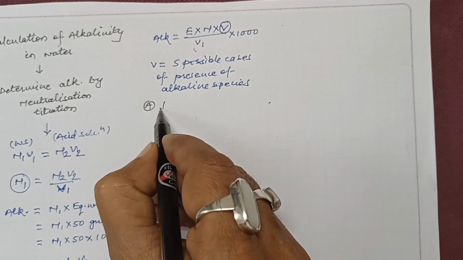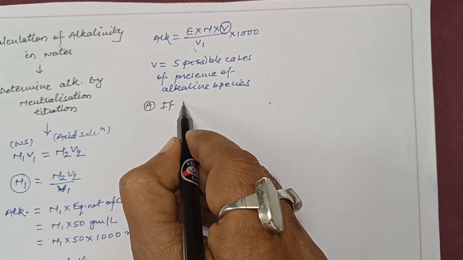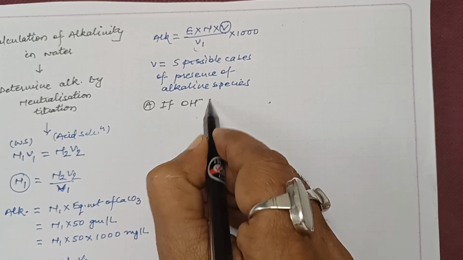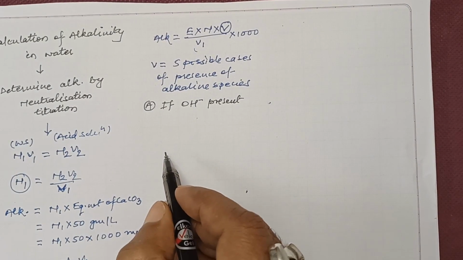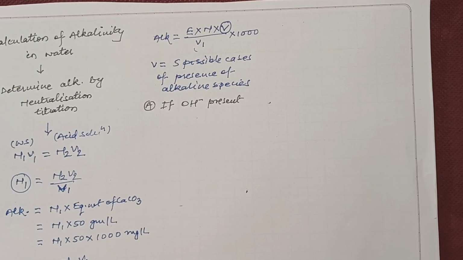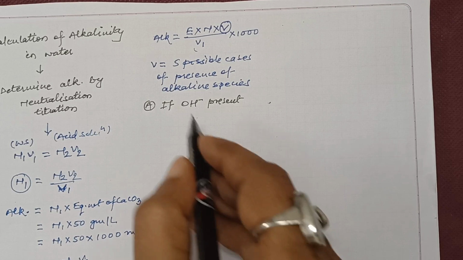If only OH ion is present in the water sample, then how much volume should be considered in this case?